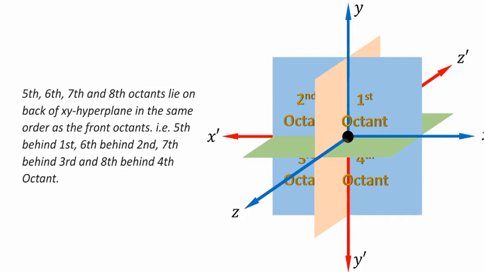Fifth, sixth, seventh and eighth octants lie on the back of the xy hyperplane in the same order as the front octants, that is, fifth behind the first octant, sixth behind the second octant, seventh behind the third, and eighth behind the fourth octant.